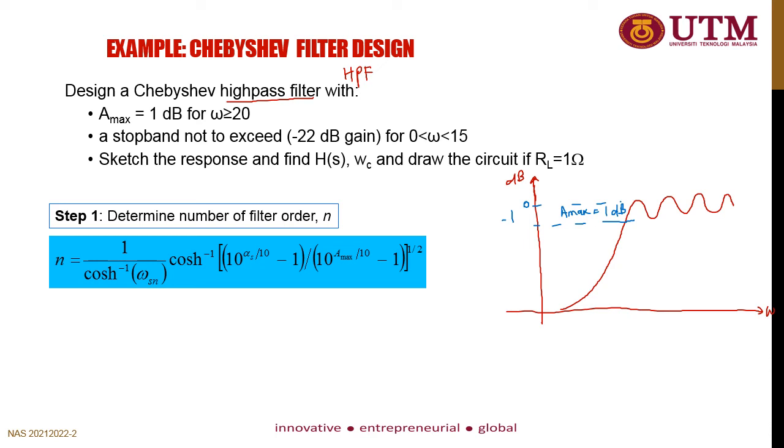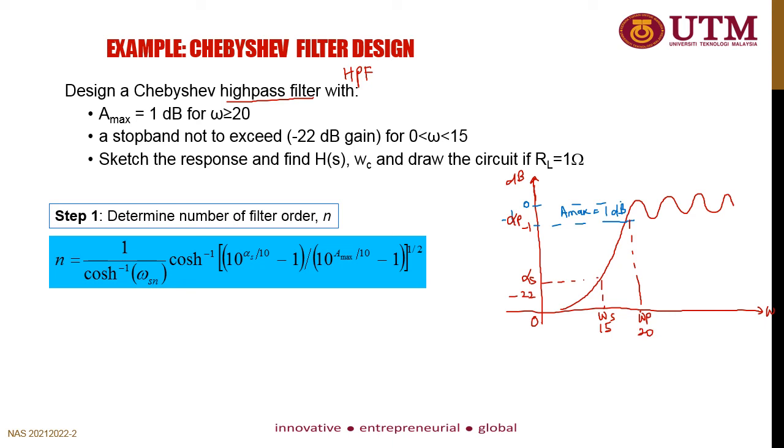So here, -1 is your alpha P, the passband gain, and then you have your alpha S equal to -22, and here is your omega S from 0 to 15, while for alpha P you have your omega P equal to 20.